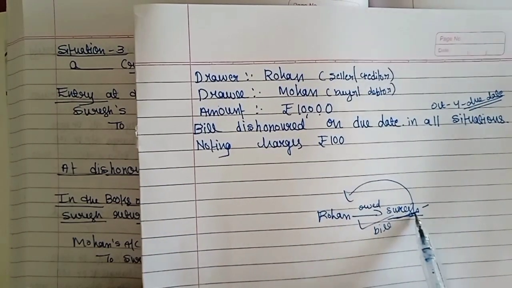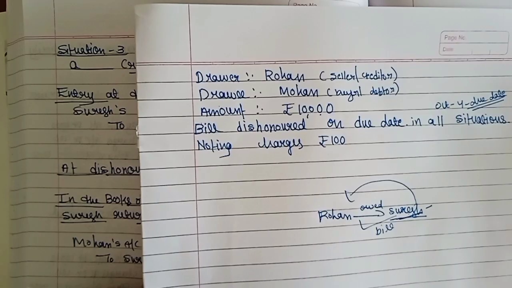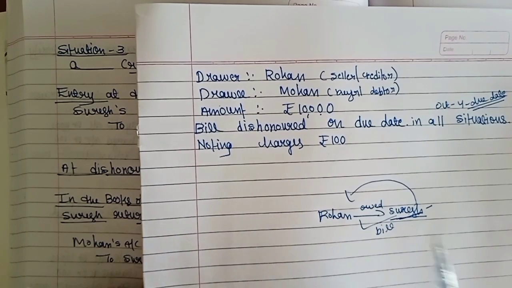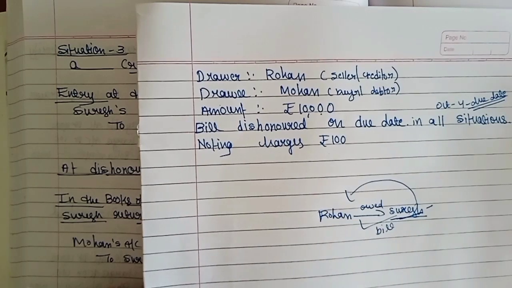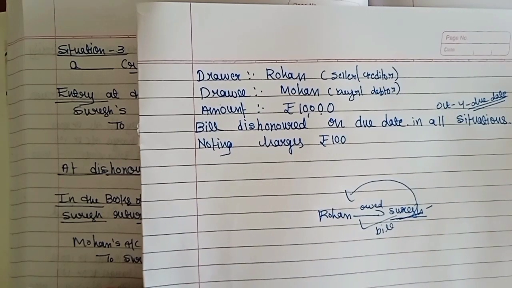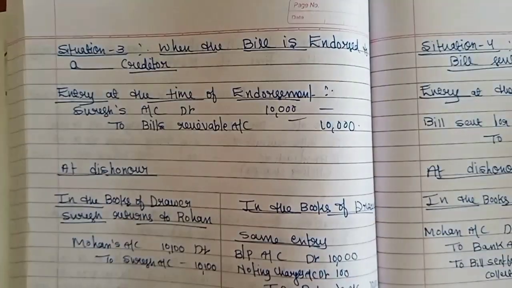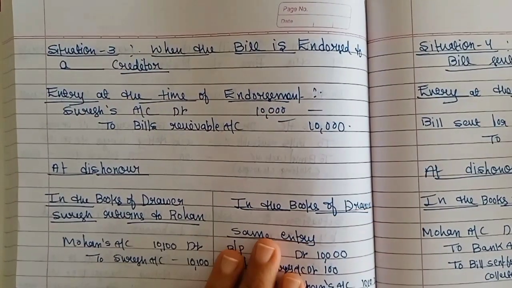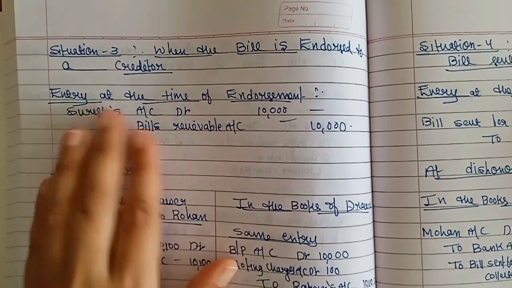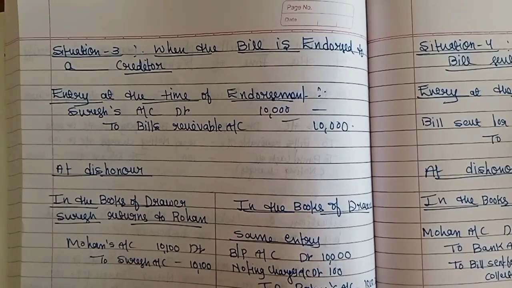Rohan endorsed the bill to Suresh, but due to dishonor, Suresh again returns the bill to Rohan. This is what endorsement on dishonor is. So the entry at the time of endorsement is Suresh's account debtor to bills receivable.